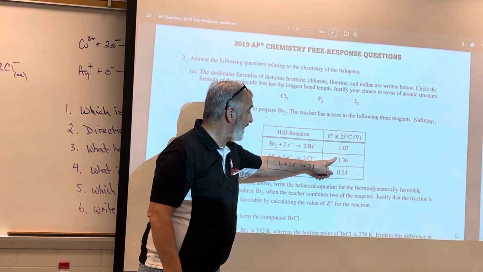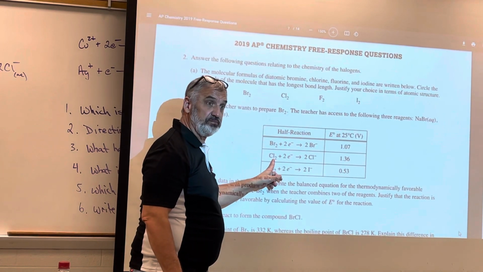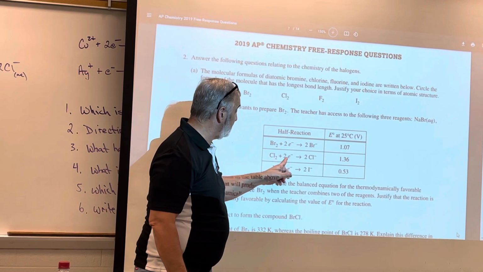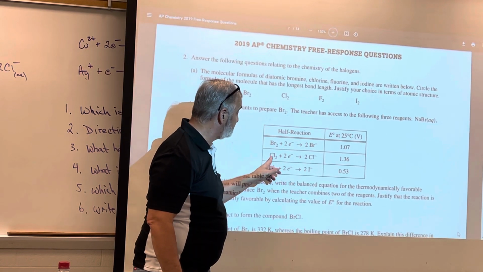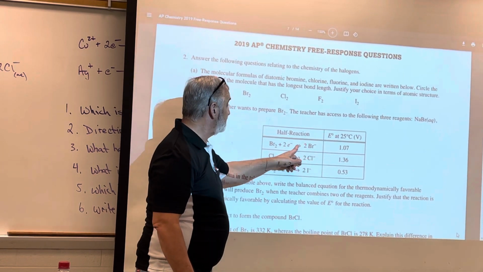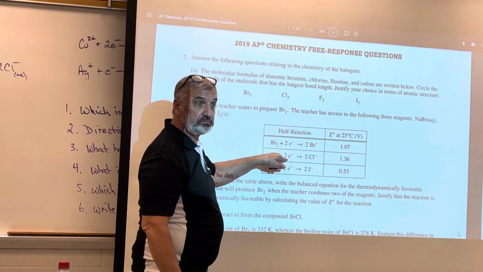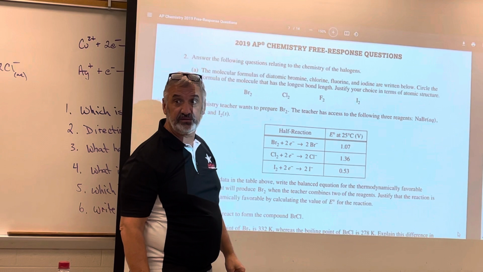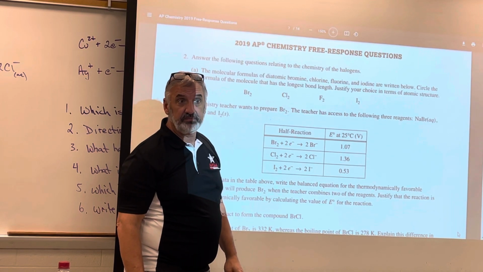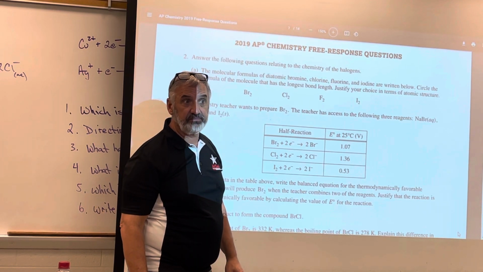So the only one that's higher is the chlorine. So as a result, the chlorine is the one I'm going to get reduced. It's going to go this way. This one's going to go this way. Now it's already 2 to 2, so we don't need any coefficients. And the electrons cancel out. Are you seeing that?